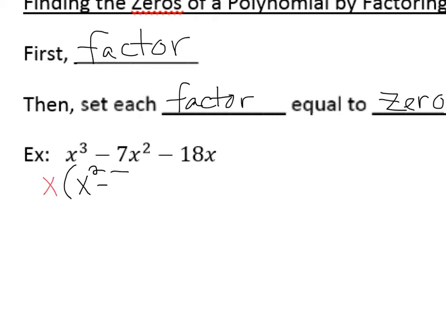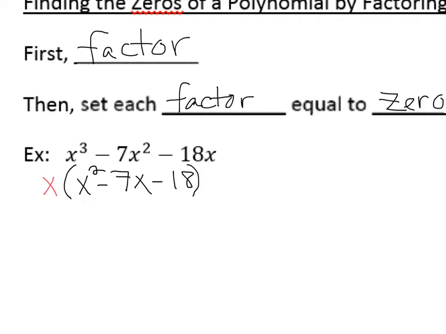The middle term, since it started out as 7x squared, means I'm going to have 7 just 1x. And then in the last term, since it's only an x, if I take it out, all I'm left with is the 18.